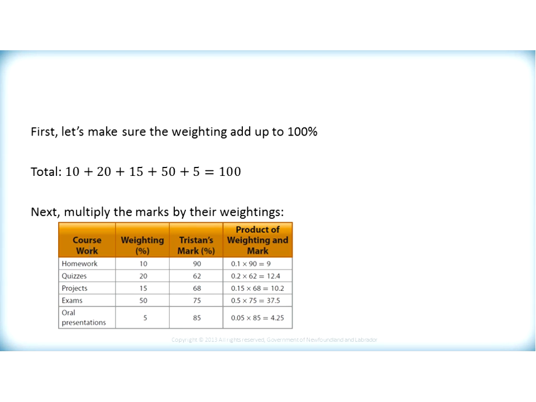Exams are worth 50% of his final mark, and he has a mark of 75% on his exams, so that contributes 37.5 marks to his final average. Oral presentations are only worth 5%, but he has an 85% average on his oral presentations, so that contributes 4.25 marks to his final mark.